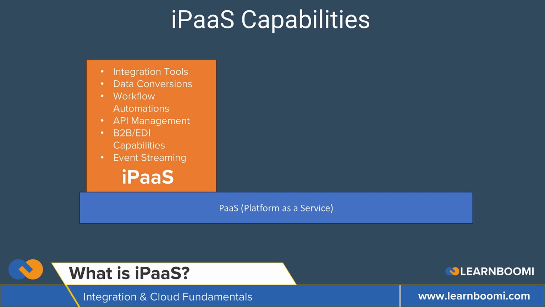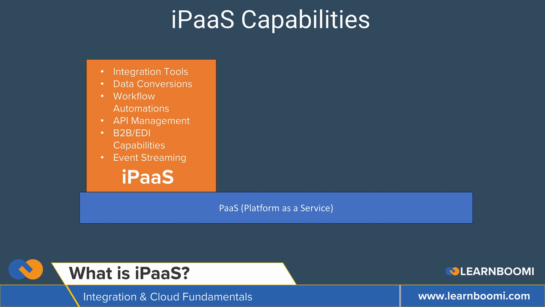Now on top of that, we have an orange block labeled iPaaS, and that is where the real integration capability comes into the picture. iPaaS stands for Integration Platform as a Service, and it's a specialized category within the broader PaaS family. iPaaS provides everything you need to connect different applications, automate data flows, and integrate systems across an organization.